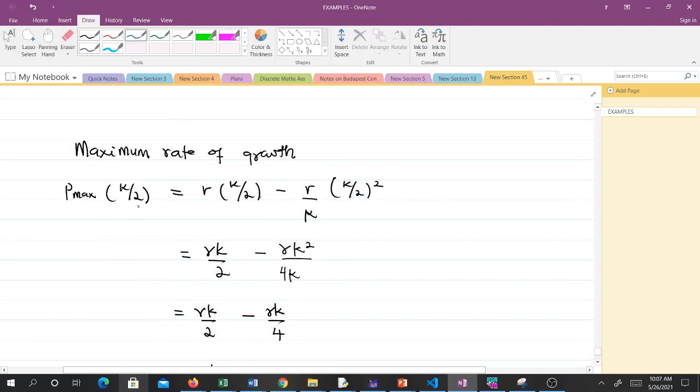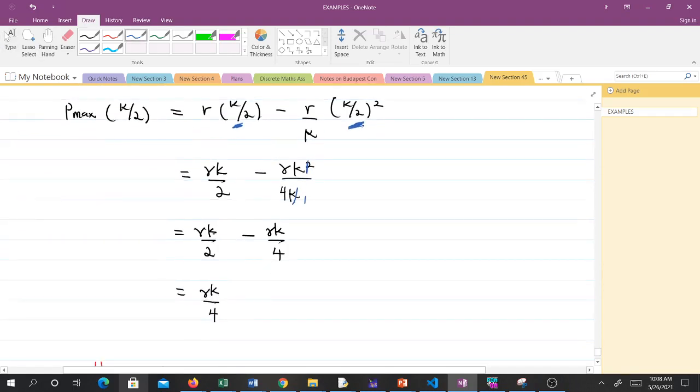So we get f at k over 2 to be equal to r, there was p here but now we put k over 2 there, minus r, p squared now becomes k over 2 squared over k. So when you simplify, you get rk over 2, and you get rk squared over 4k. So k will take one of this, and this will give us rk over 2 minus rk over 4. And when you simplify this, you get rk over 4. So yes, we've been able to show that. So that's the solution to question 2.